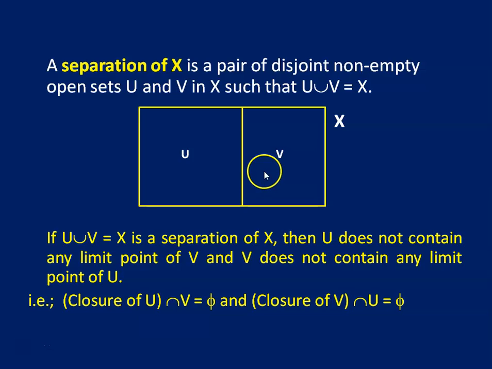Here we have seen that V doesn't contain a limit point of U. That means U contains all its limit points inside it. So U along with all its limit points means U itself. That means closure of U is inside U. So closure of U intersection V is empty. Similarly, closure of V intersection U is also empty.